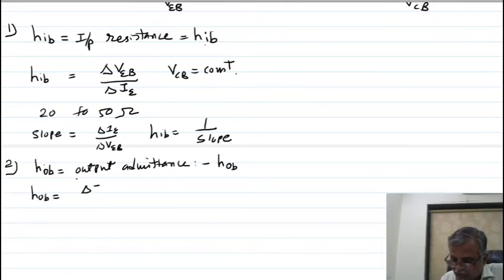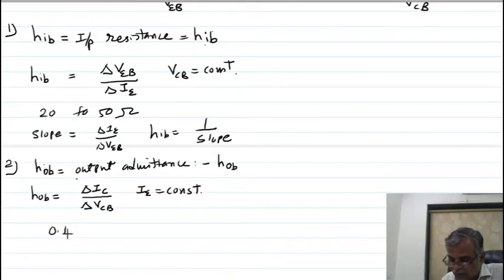It is a ratio of change in output collector current to the corresponding change in output collector base voltage at a constant value of the input emitter current, called output admittance.